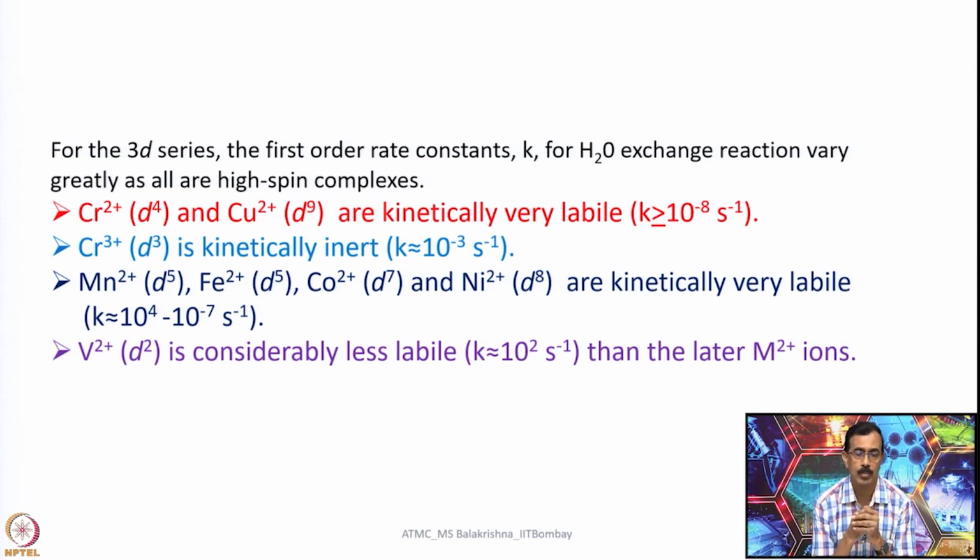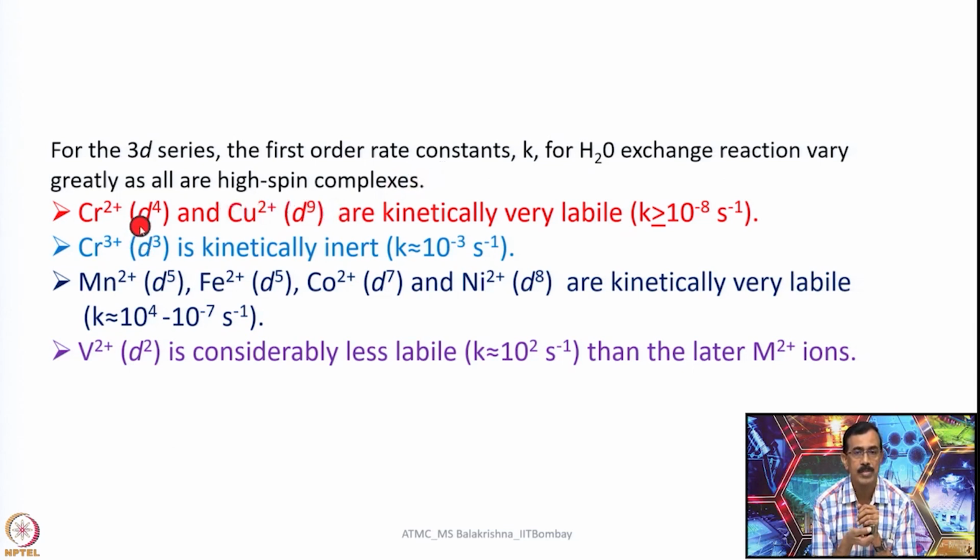When we talk about substitution reactions, we can see the profound influence of crystal field effect. You can see here for the 3d series the first order rate constant k for water exchange reaction varies greatly, as all are high spin complexes. Crystal field effect is also less pronounced in the case of 3d.